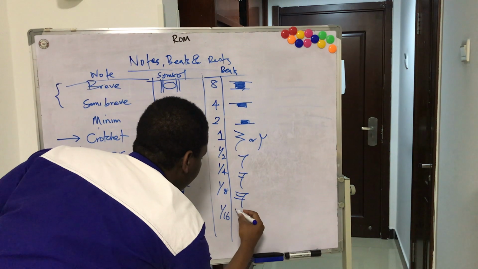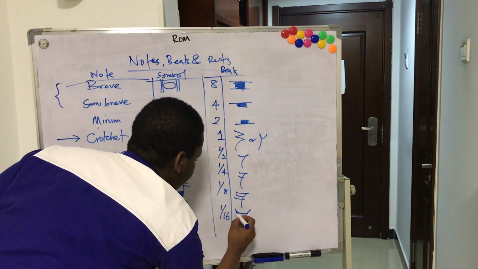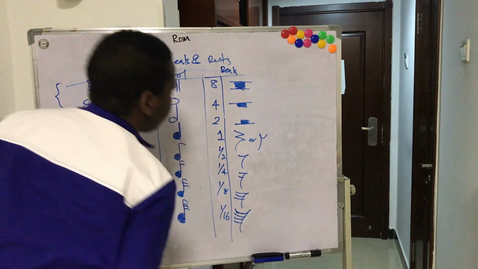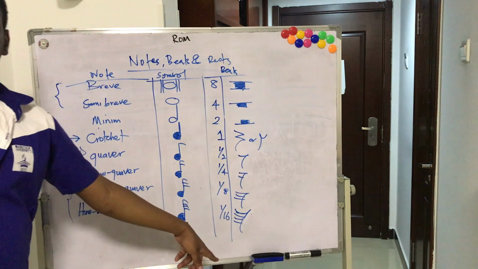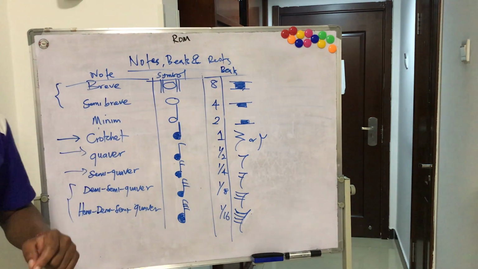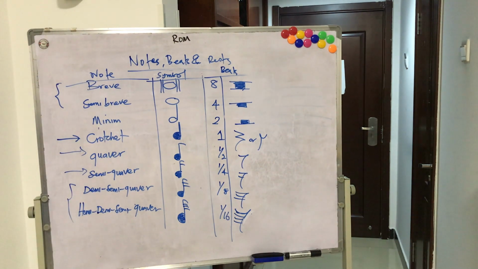So they are the symbols of rest, the rest symbols for these notes. If you see them anywhere, instead of singing or playing the notes, you will observe the same beats, but this time in silence.